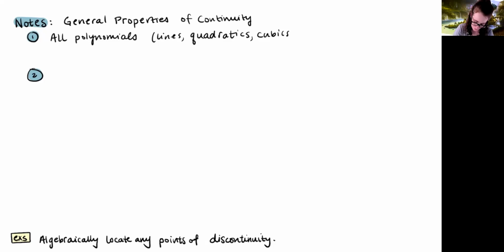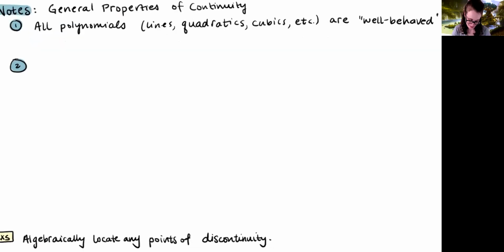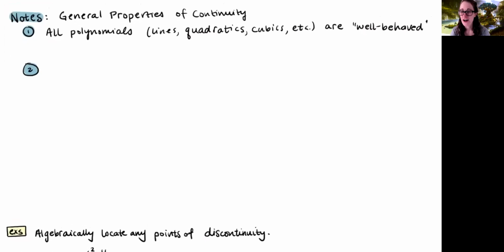They are what we would call well-behaved. And yes, this is actually a math term. Well-behaved just means that they don't have any discontinuities. If you think of the graph of a polynomial, they're just nice curves.